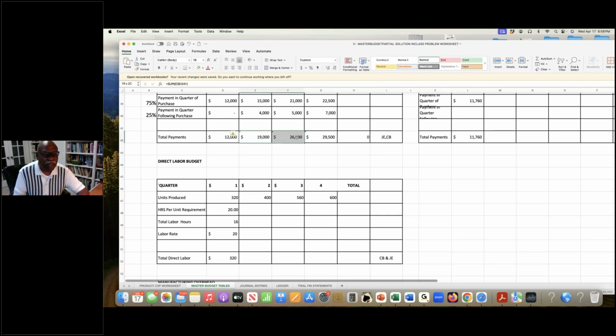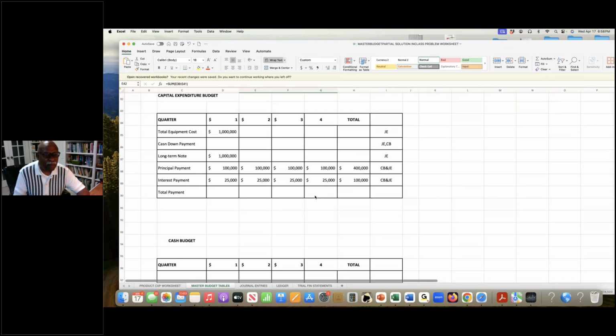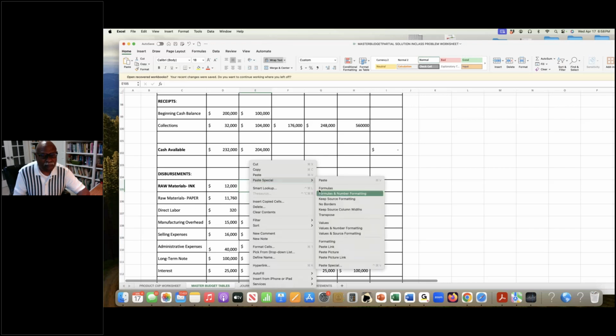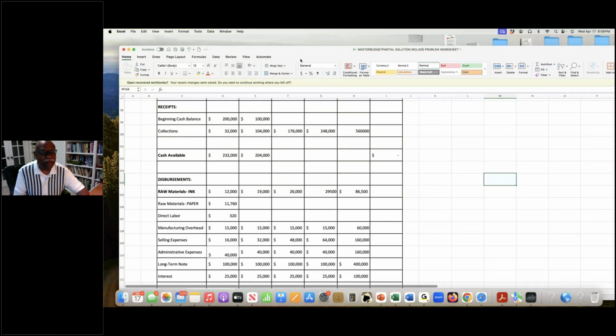Let me just copy the three. And the total, I'll just auto sum it out.